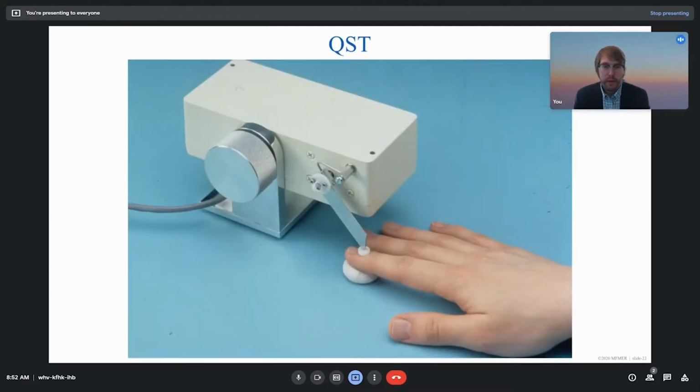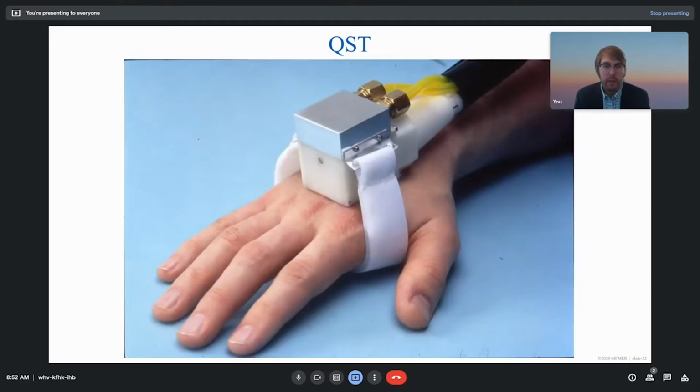And these instruments have become more modern over time and slightly smaller, so we do have a smaller one now that can be used to sense touch pressure of the hand and heating and cooling of the hand, which tells us how different populations of nerve fibers are working for a person.